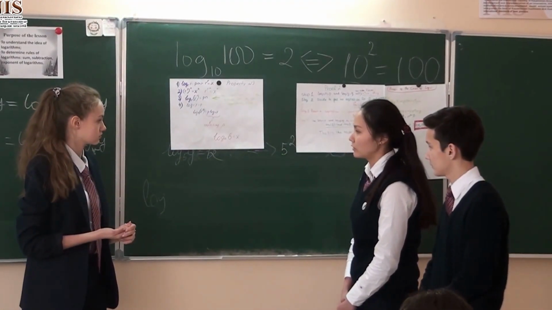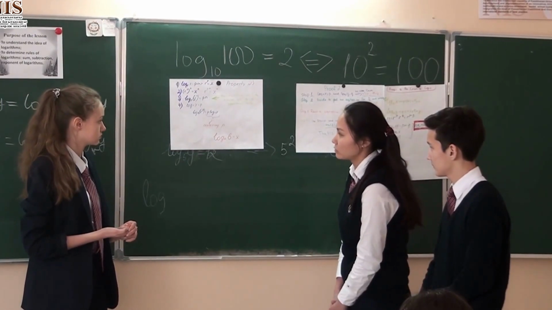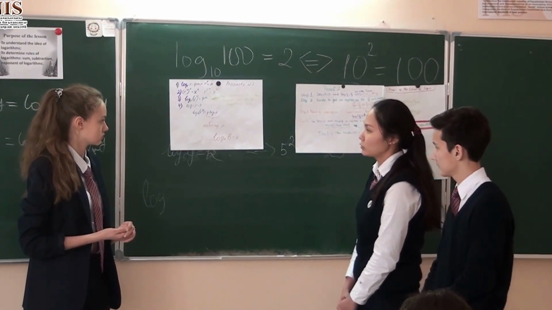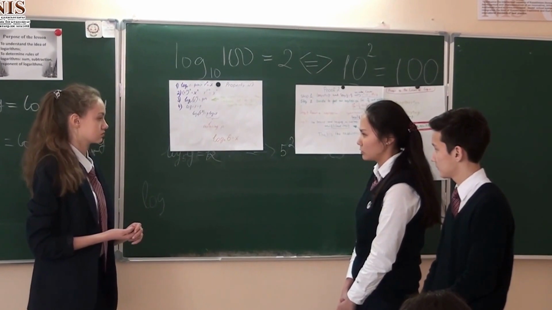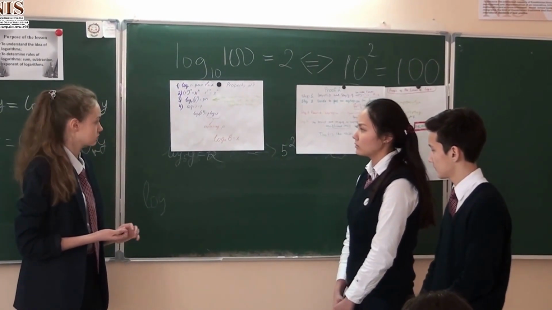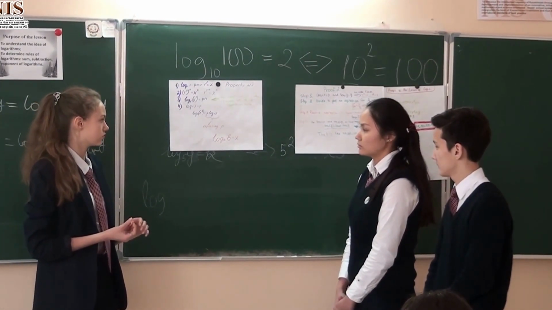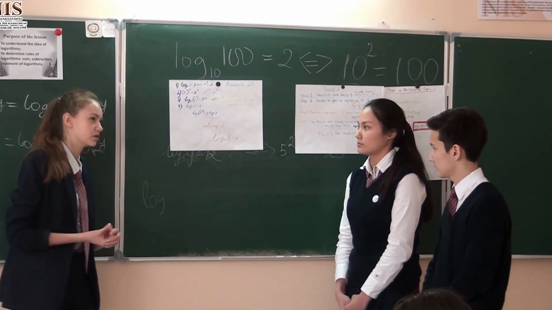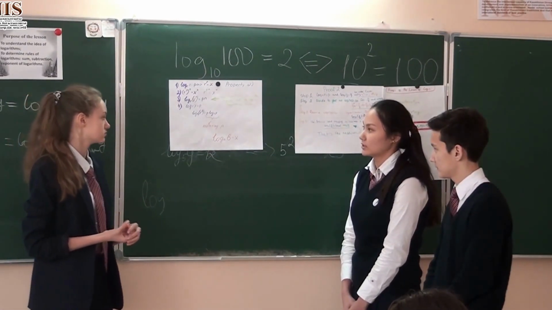The log of x to the power of p to the base n is equal to p multiplying log of x to the base n.